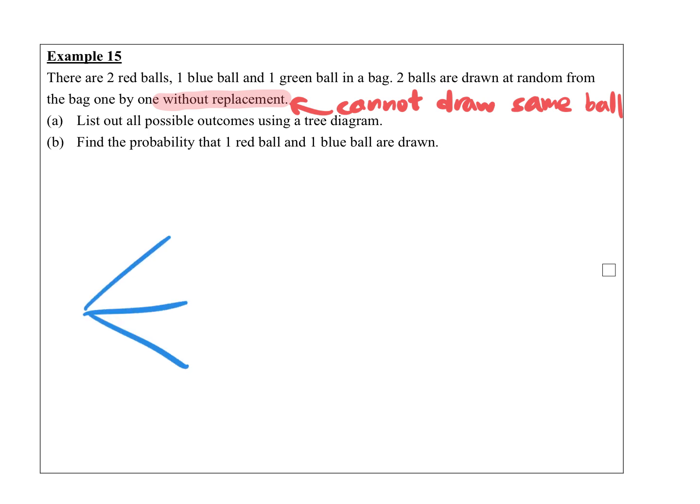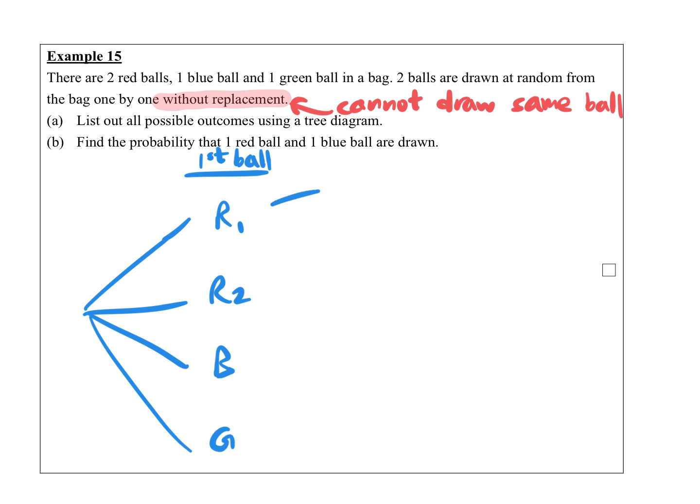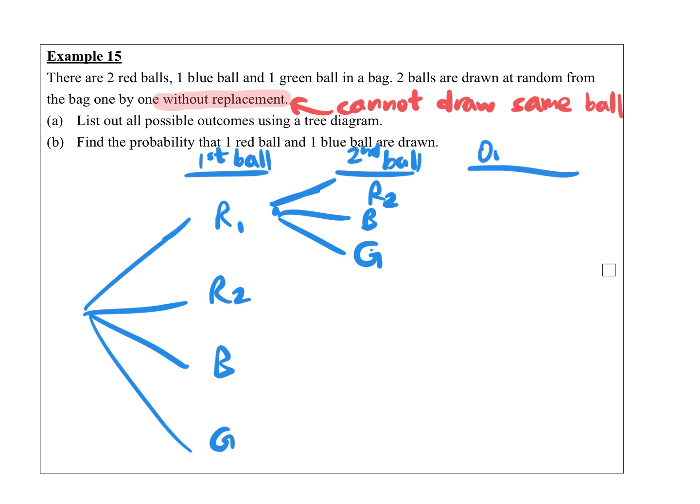So in this case, if we still start with the first ball being R1, then the second ball can be R2 or B or G, but no longer R1, because you don't replace it anymore.